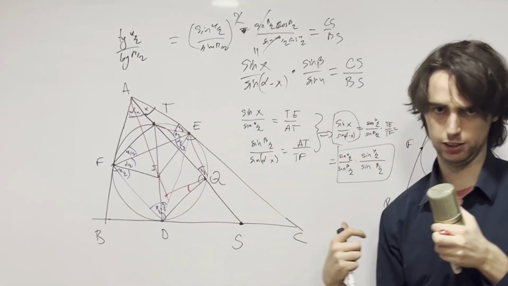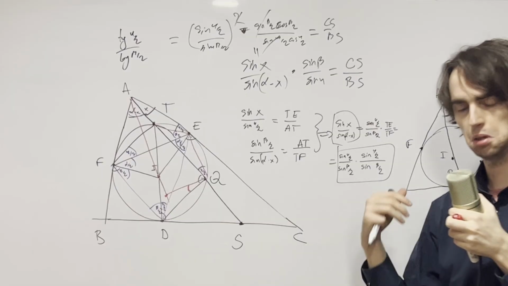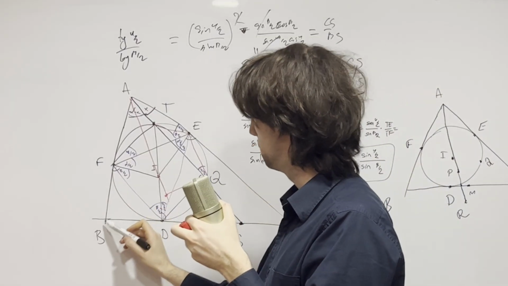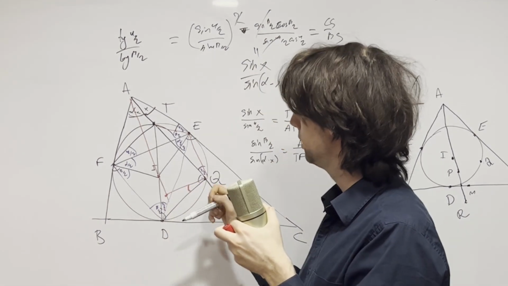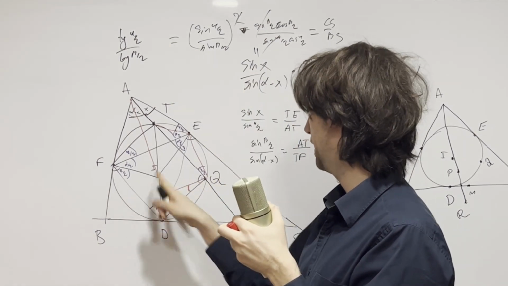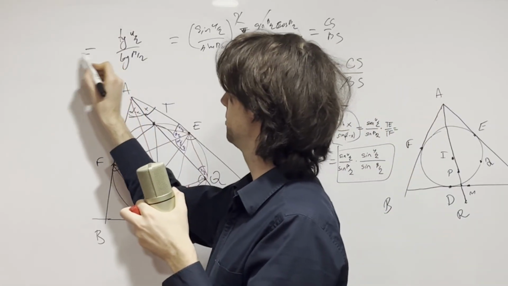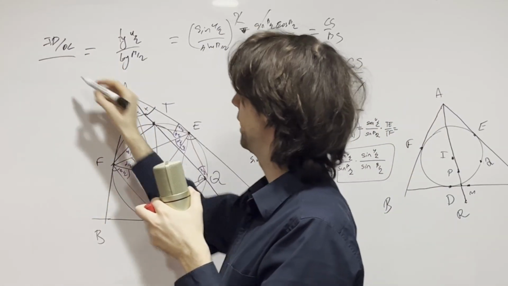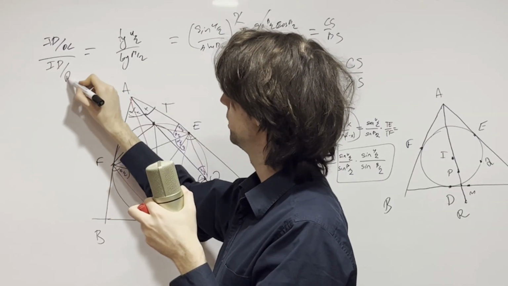Now, can we connect this to the elements of the triangle? Pause for 5 minutes, think about that, and the answer is yes, we can. Well, we can do BID and CID. We have tangent here is going to equal ID over DC, and then here we're going to have ID over DB.